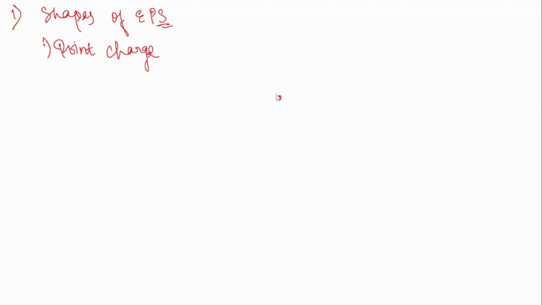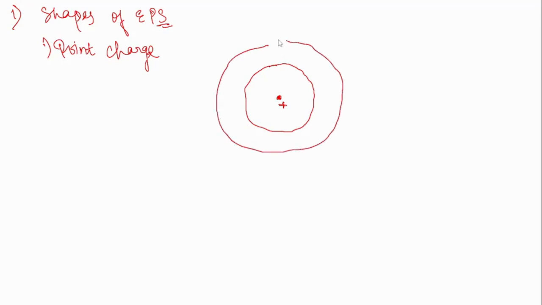Suppose this is a point charge, right? Then the equipotential surface shape would be something like this. Means a sphere. Okay. Concentric spheres. They are equipotential surfaces for the point charge.